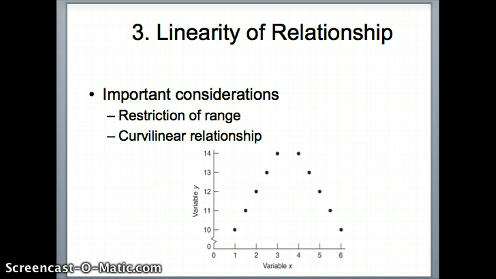The study was looking at rates of sexual coercion and alcohol use. What was found was that as the amount of alcohol use was increasing, rates of sexual coercion in couples was going up, but then it plateaued, and as rates of alcohol use kept going up, rates of sexual coercion started going down. So it was actually a curvilinear relationship.